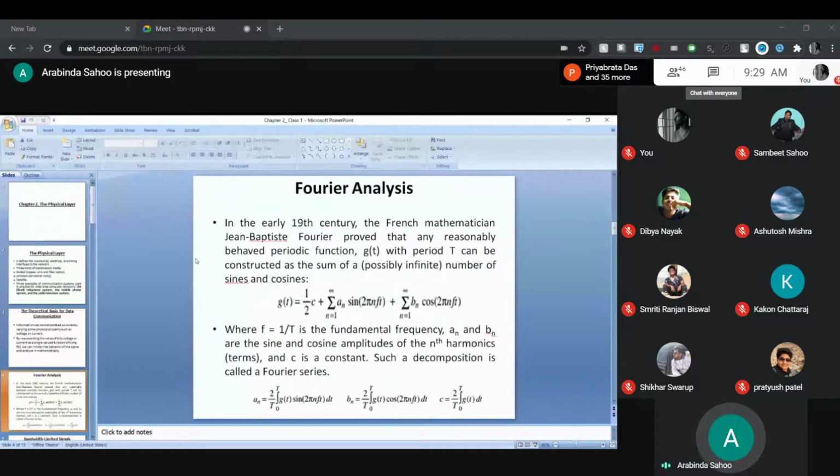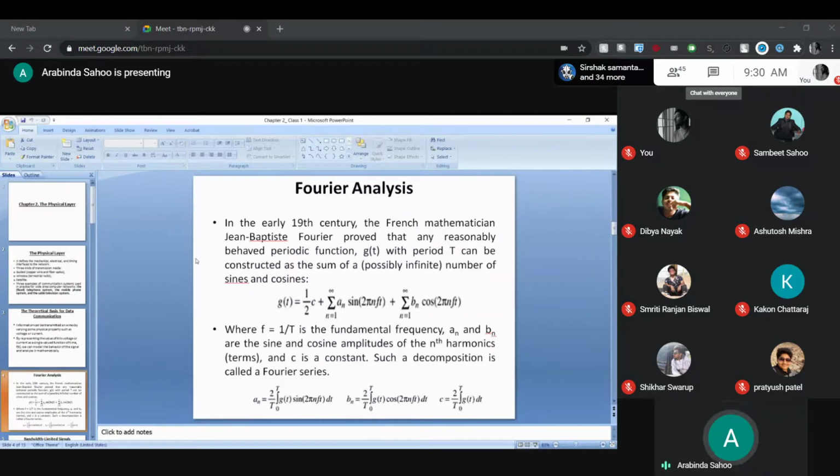The Fourier series was first developed in the early 19th century by a French mathematician, Fourier. Fourier proved that any reasonably behaved periodic function g(t) with period T can be constructed as the sum of a possibly infinite number of sines and cosines.